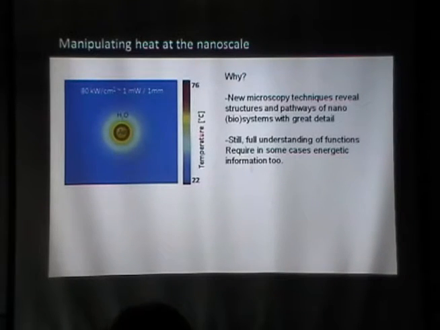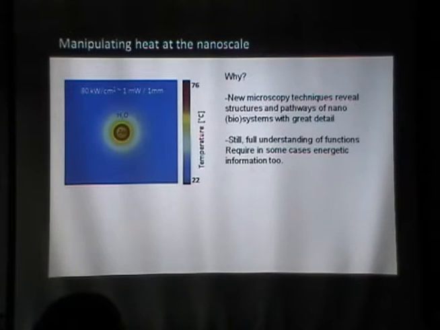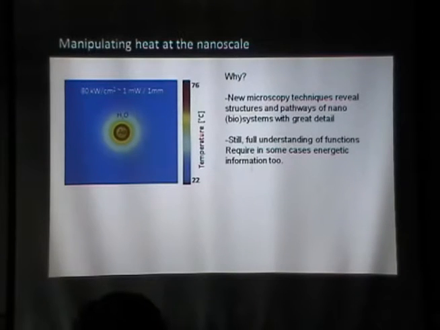Nowadays there are a number of microscopy techniques that can give you impressive resolution. Now you can know the structure and pathways of nanostructures and nanoscopic systems with high resolution. But still, a functional system, if you want to understand it in detail, you need also some energetic information.